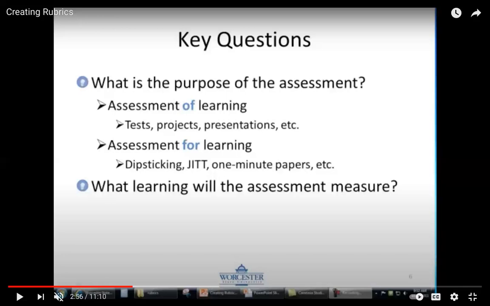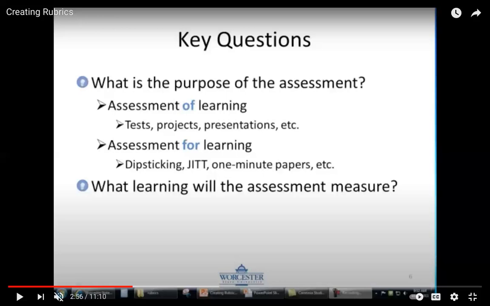So to make it clear, assessment for learning is used as evidence of the learning process, no? To measure where students are in their learning process and where they need to go and how to best get there. That's assessment for learning.